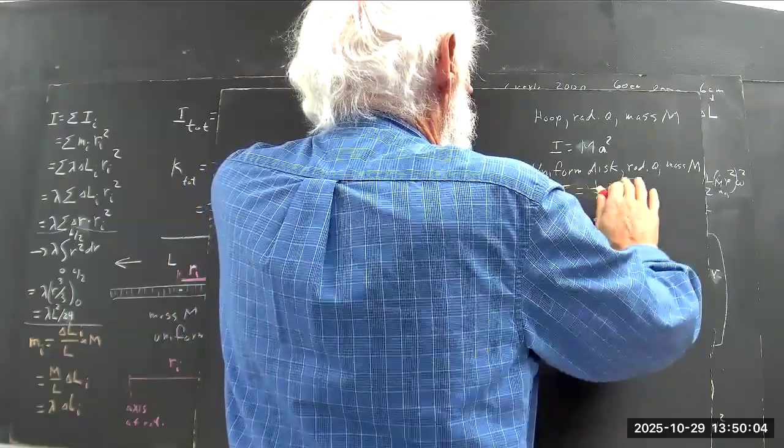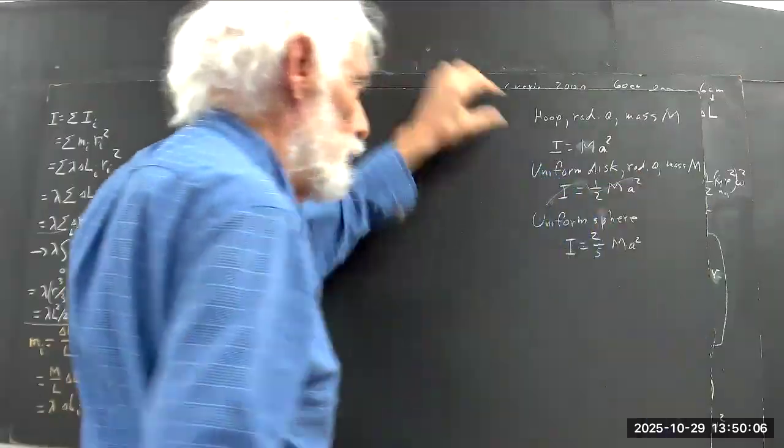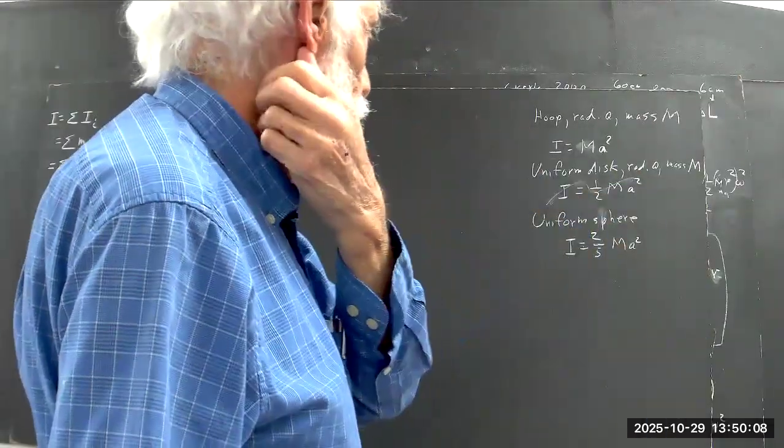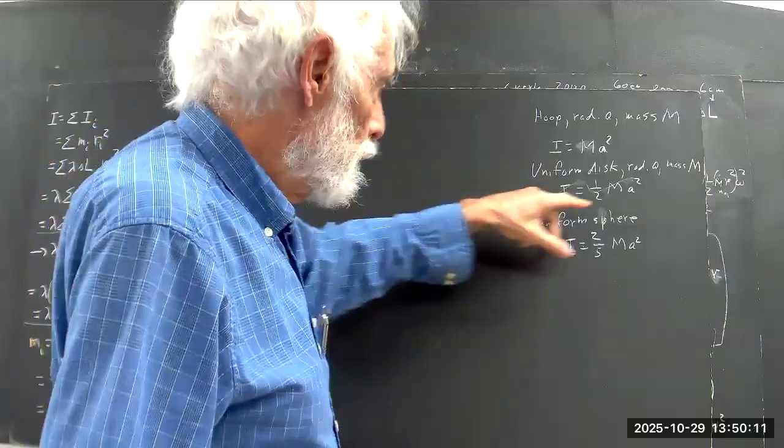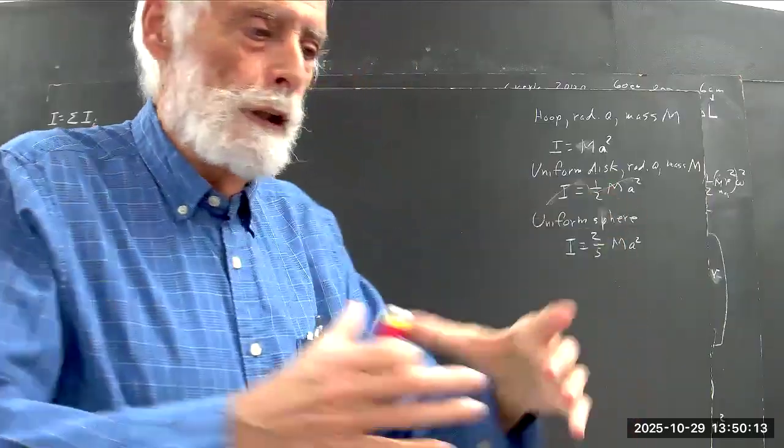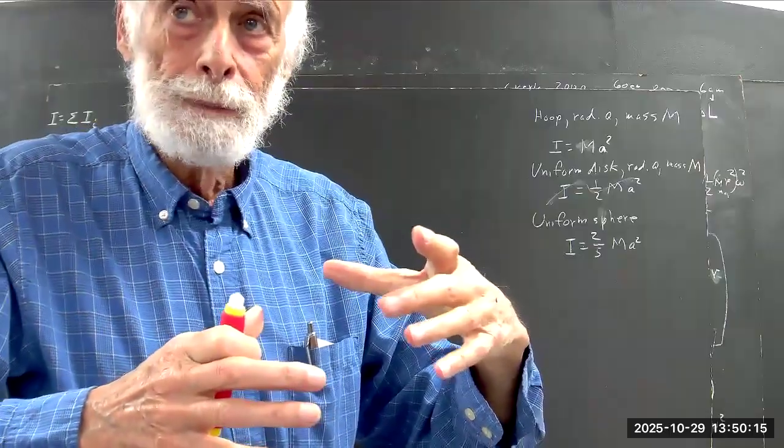Actually, I might be right. Thinking wrong in comparison with the sphere. I can do that integral, it's not difficult. Okay, so you get 1/2 M A squared if you distribute the mass over a disk.